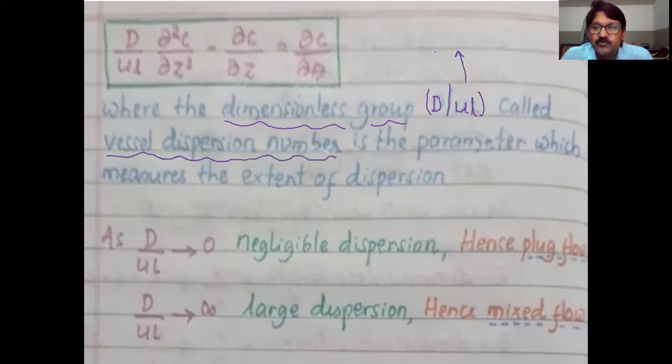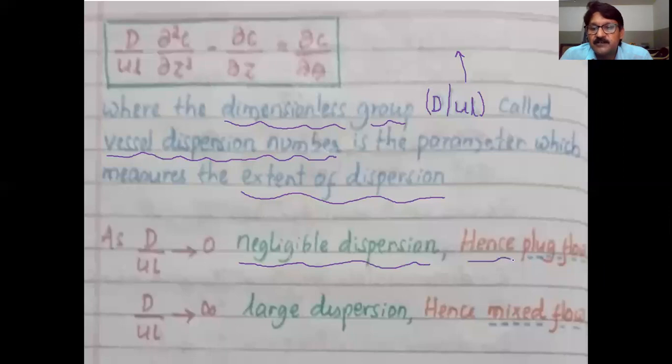So this will help to solve problems related to mixing. It is the parameter which measures the extent of dispersion, the extent of mixing. Means what? If D by uL is equal to 0, there is negligible dispersion, hence the condition is plug flow.